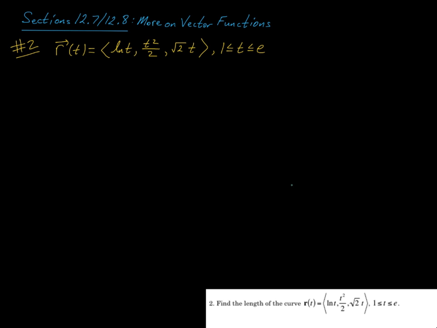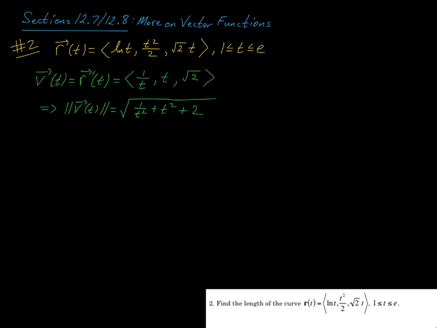So for problem number 2, it says find the length of the curve described by the vector function r of t, whose components are natural log of t, comma t squared over 2, comma square root of 2t, and here t varies from 1 to e. Okay, so let's first compute the velocity vector, because ultimately I need to integrate the speed of our particle moving along this path.